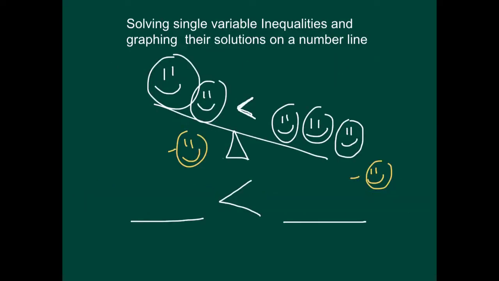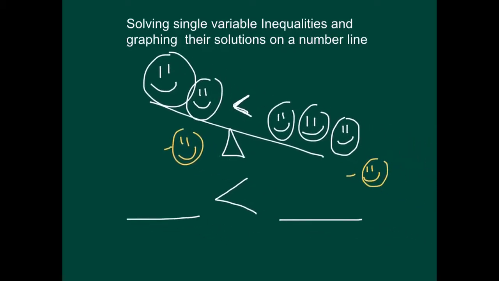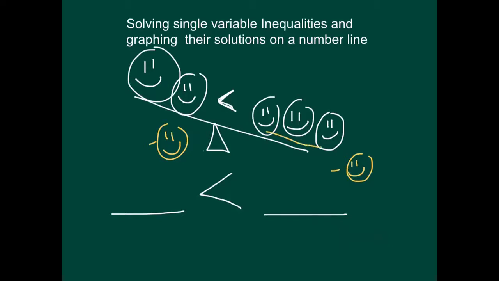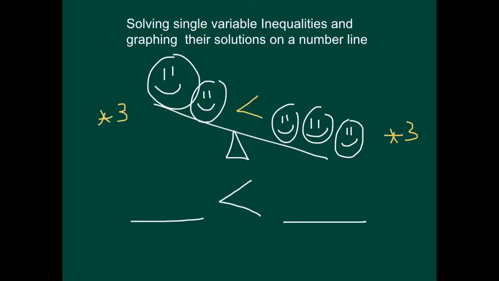All the examples that you've been given in the past for equations apply just like in inequalities. For example, if these folks over here weigh more than these folks over here, and you took one of these off, you would still have a true statement where the left side would still be less than the right side.